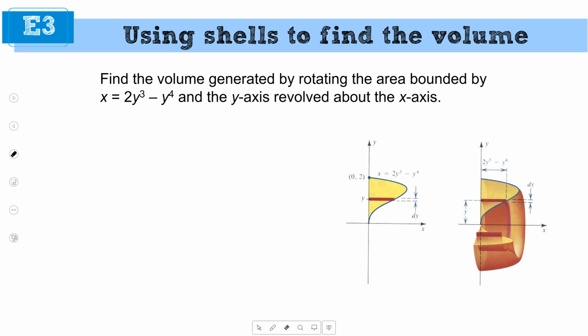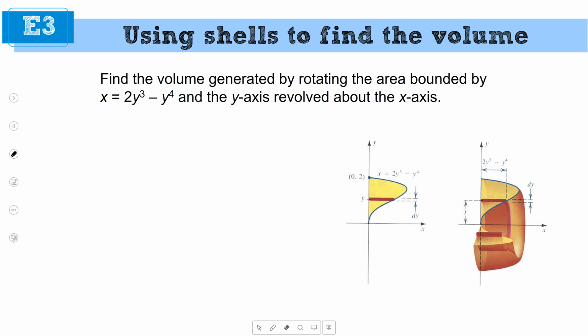What's the area of the rectangle? How far is the rectangle away from the axis of revolution? Both of those questions are answered in the picture there. That times dx, or dy, sorry, we're just walking.